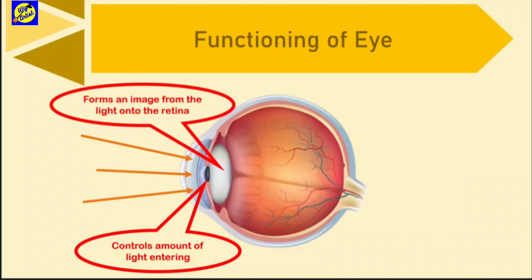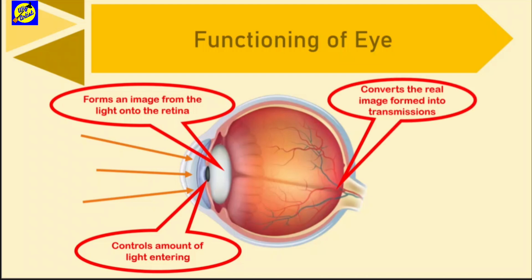Next is the lens, which forms an image of the light entering from the pupil onto the retina. An image is being projected on a screen. This means it's a real image. Then there is the retina, as I said, which is a light sensitive part where this real image is converted into messages that can be transmitted to the brain.